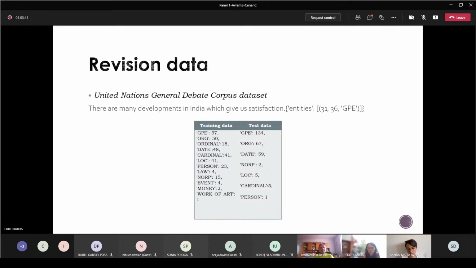For this, I used another data set from the United Nations General Debate Corpus. Here I also put an example sentence where I marked the entity recognized with the old model, and some results. So the table shows the entities recognized in the training data and the test data.